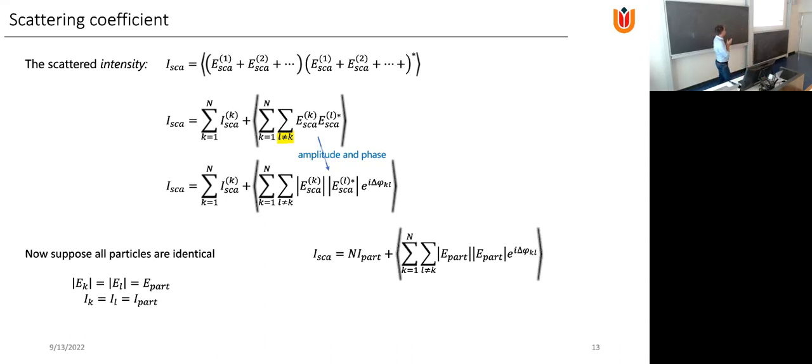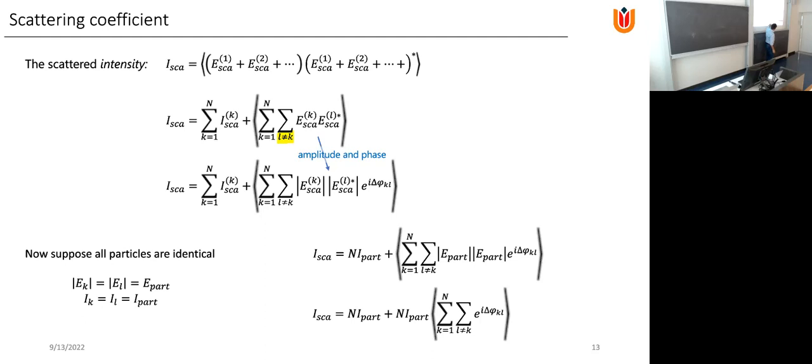So now the total scattered intensity is n times the scattered intensity of one particle, plus again, because these two are now the same, we have E particle squared, which is again the intensity of one particle. So we can take that out of the summations.